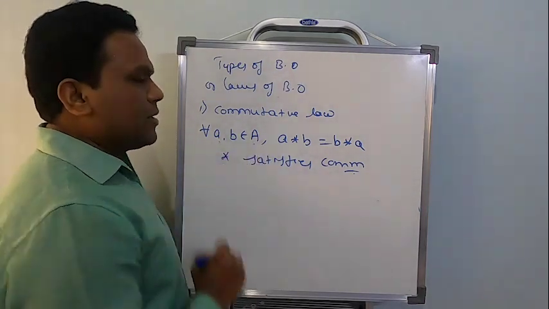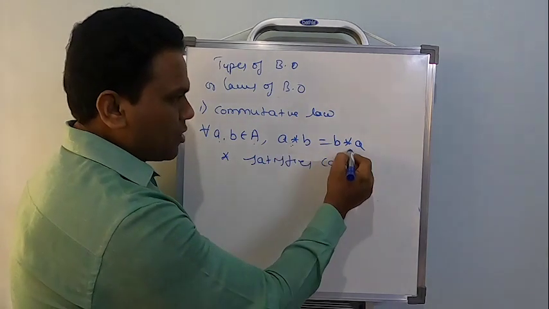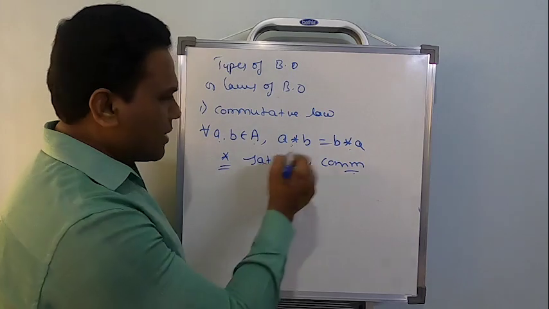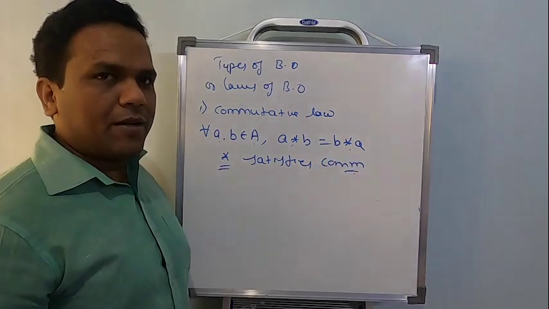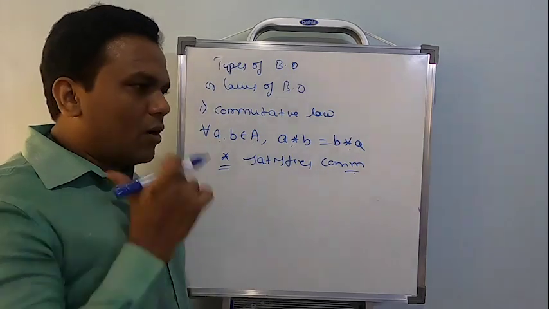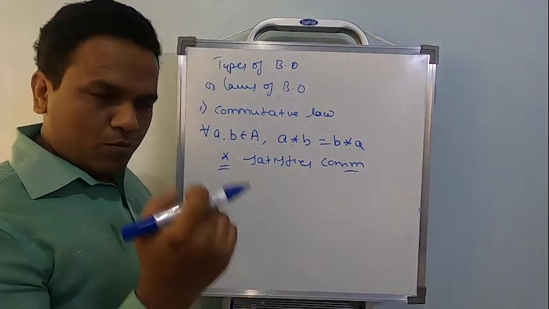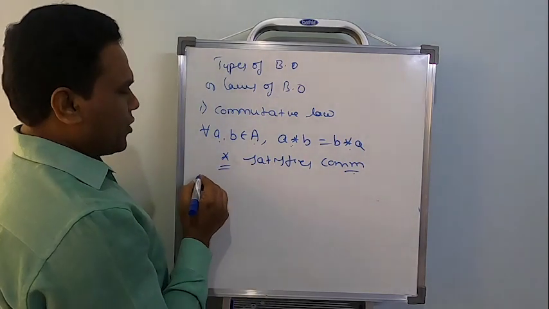So you take any two elements belonging to the given set and apply star. Whenever you do A star B or B star A, the resultant element should be the same. In such case, star will be called commutative, or star satisfies the commutative property. Okay, I will explain all this, then later on I will come to the examples. So please first let us go through all the types or laws of binary operation.